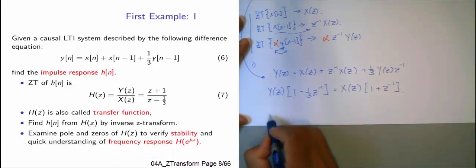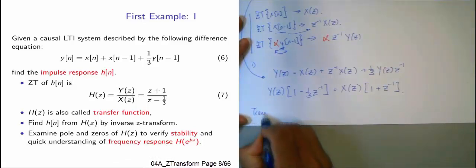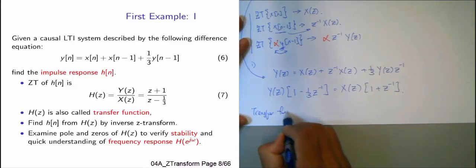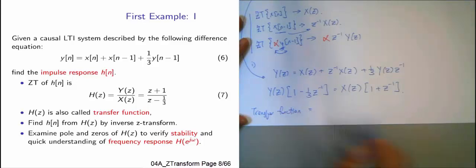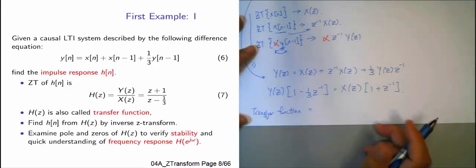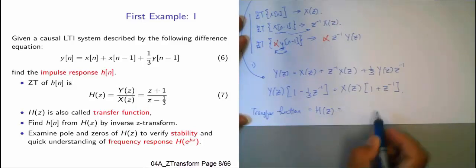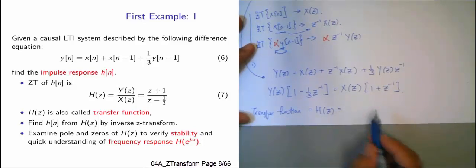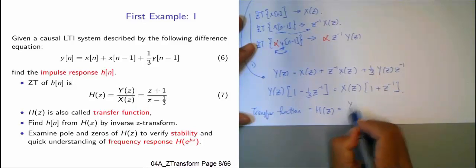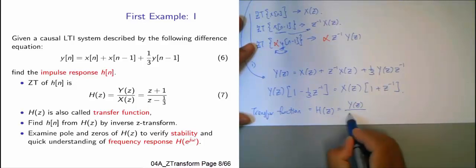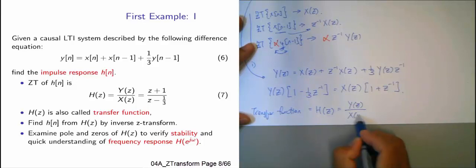And of course, I'm interested in something called a transfer function. What does a transfer function do? It shows me how my output is related to my input. It's called H of z. It relates my output to my input. So H of z equals Y of z over X of z.